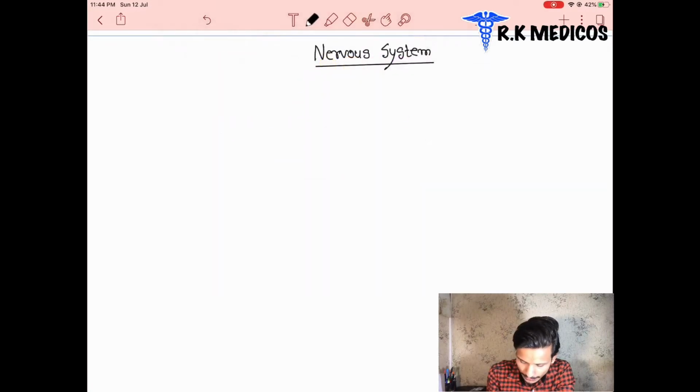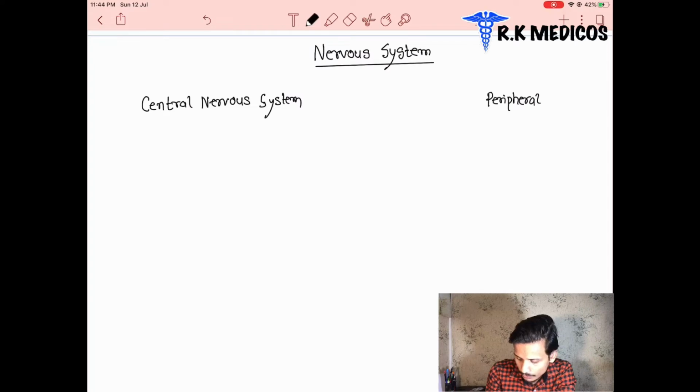The first one is the CNS, the central nervous system, and the second one is called the peripheral nervous system. The central nervous system is called CNS, and the peripheral nervous system is called PNS.